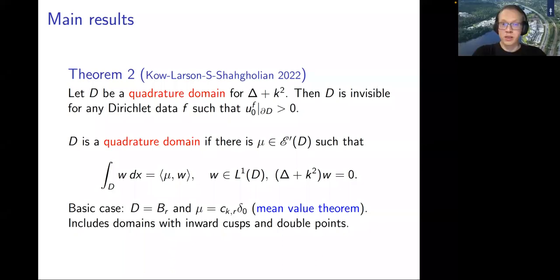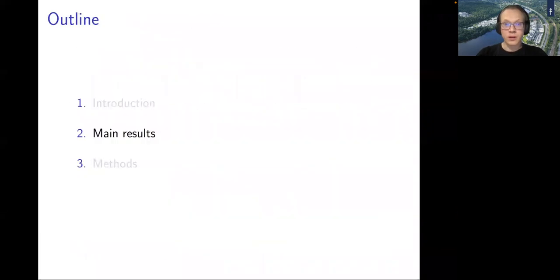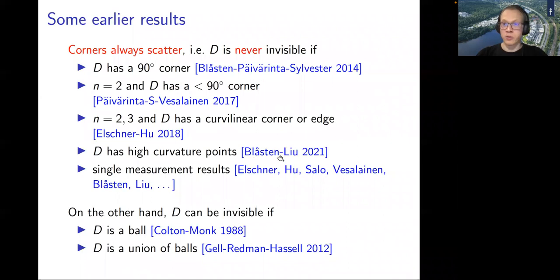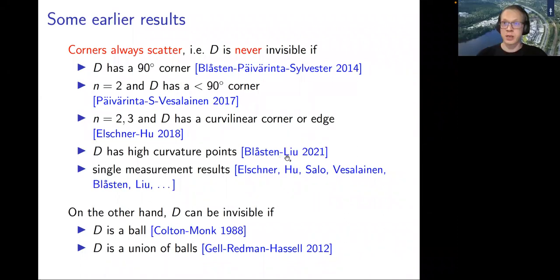I'd say that these kinds of problems are quite unstable. If you look at this work here by Blåsten and Liu, they have several papers on this topic, and they study the stability issue. These single measurement inverse problems are typically quite unstable.